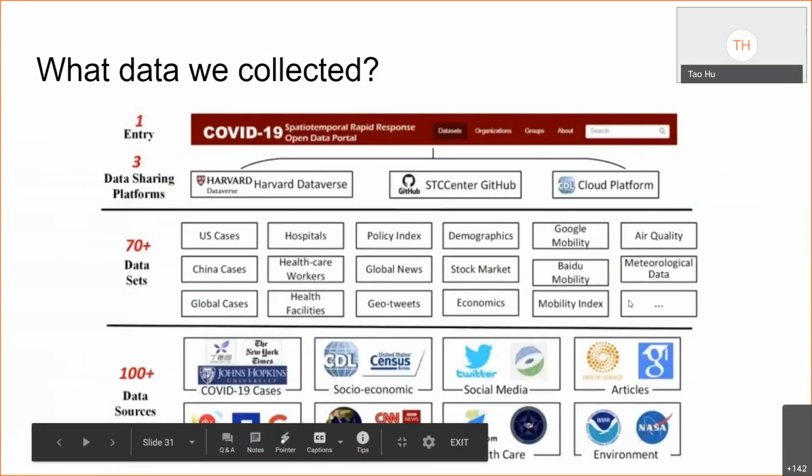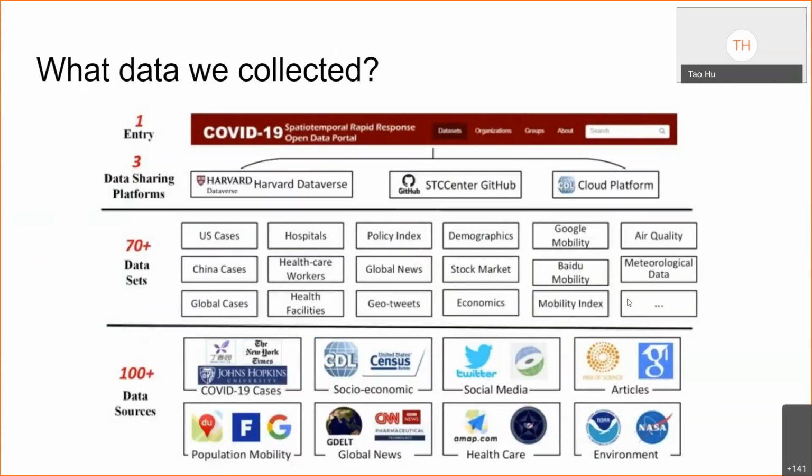So what data have we connected? This is a joint work by Harvard University and the China Data Institute, George Mason University, and Wuhan University, and so many other universities.